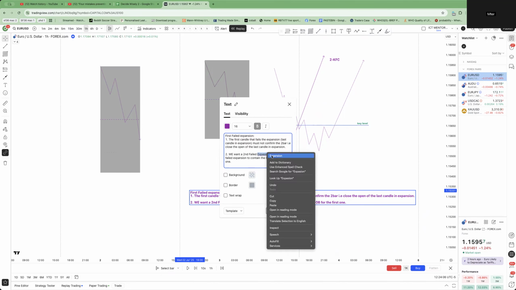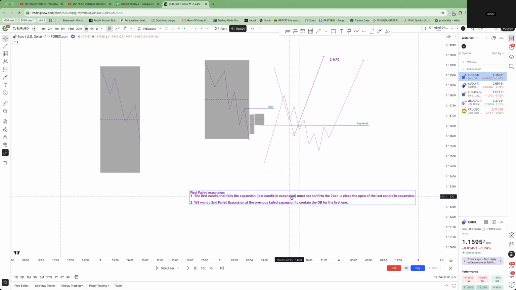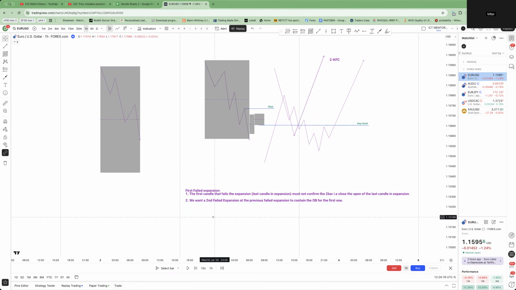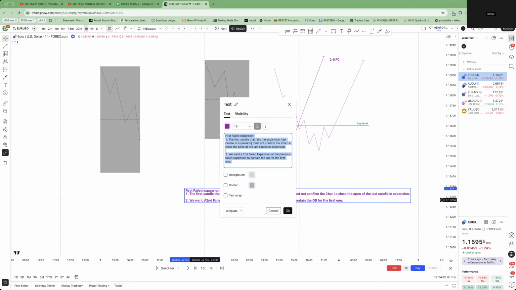So I want this candle. This is very important. I'm going to copy this and save it so I don't have to copy this rule again. That's the first one.